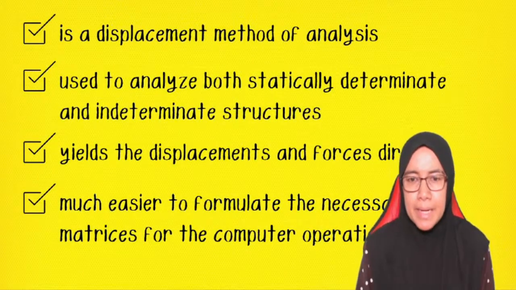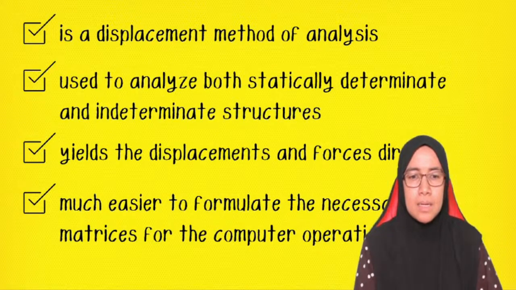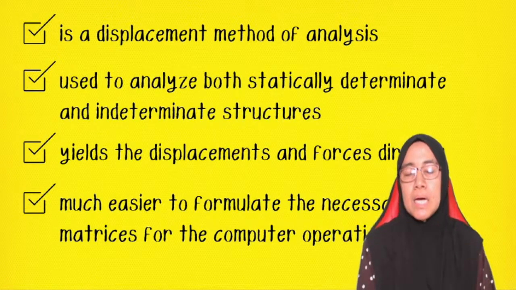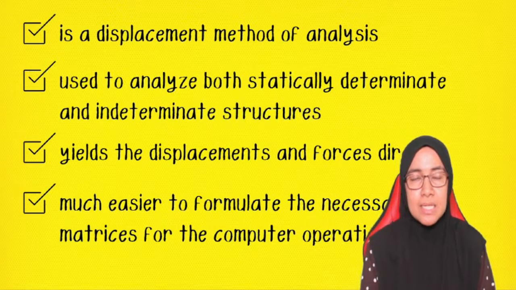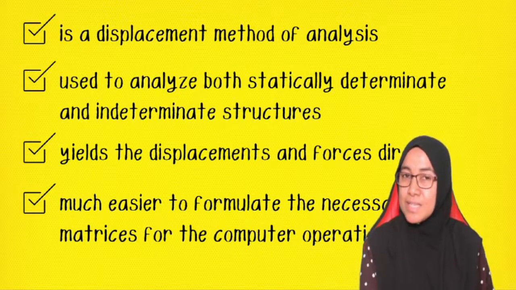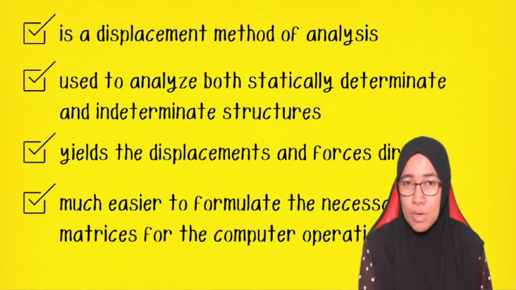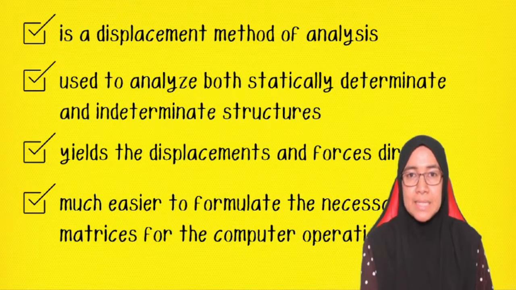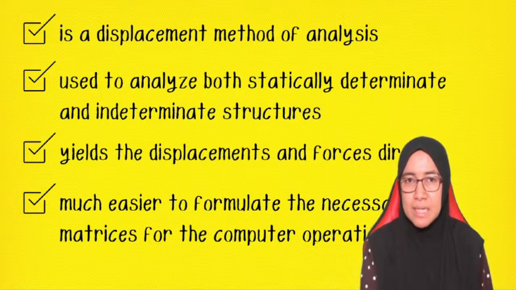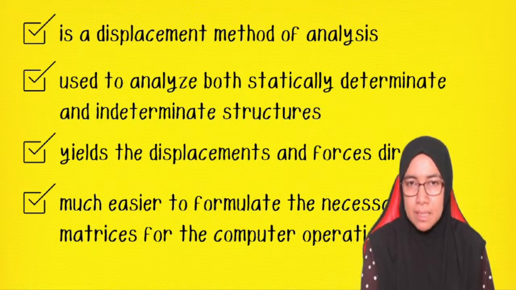Okay, number one. The stiffness method: if the flexibility method is also known as the force method, because the redundant is the first output and the redundant is a force, then in the stiffness method we also call this the displacement method.